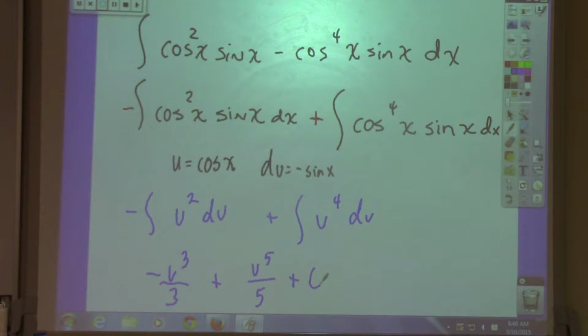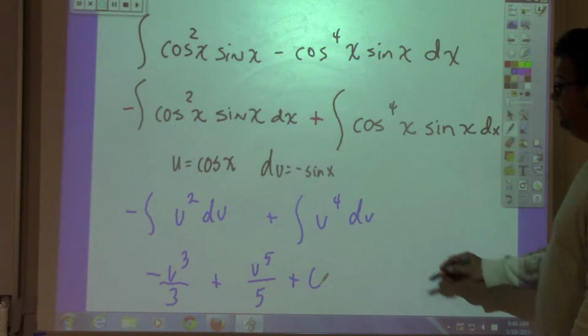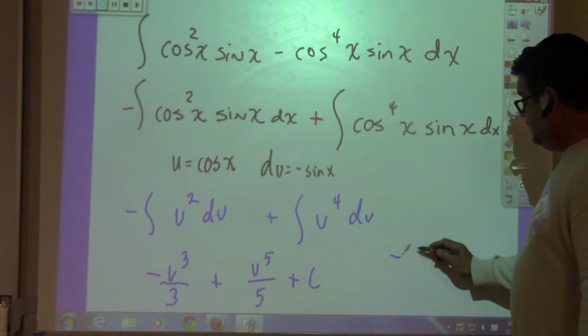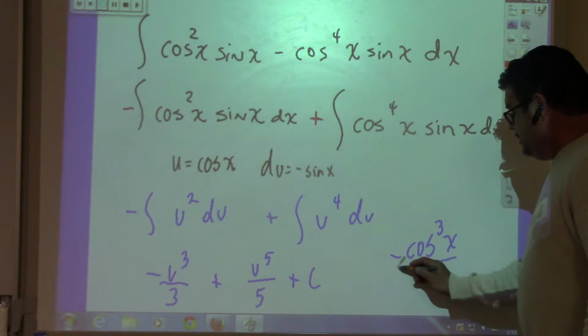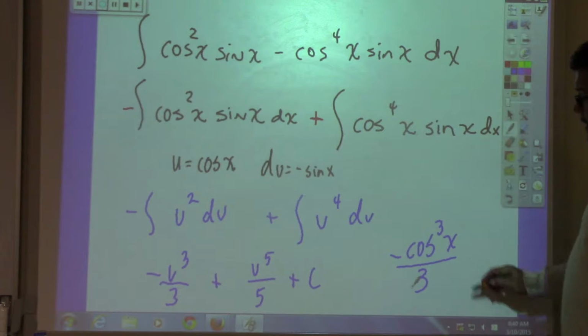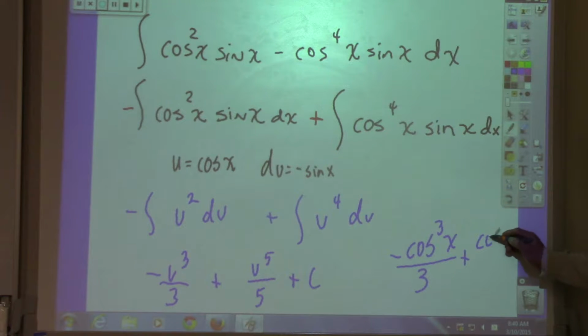and u is what? Cosine cubed x over 3 plus cosine fifth x over 5 plus what?